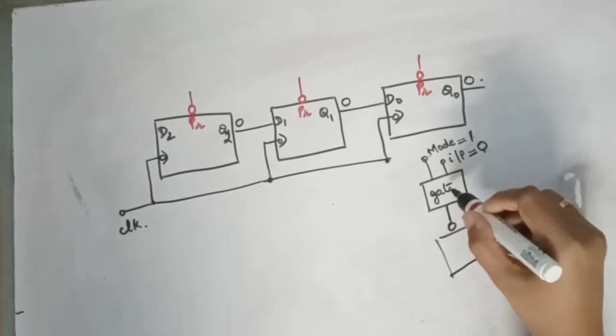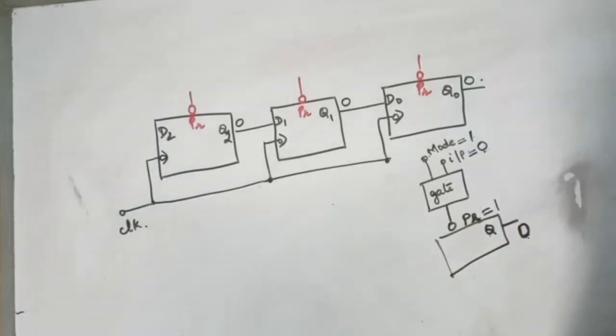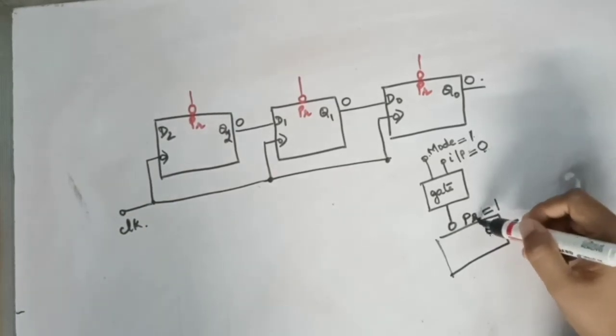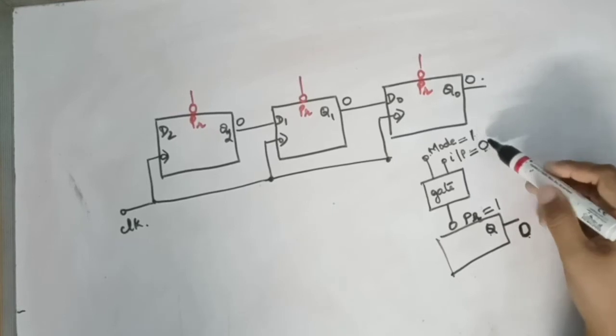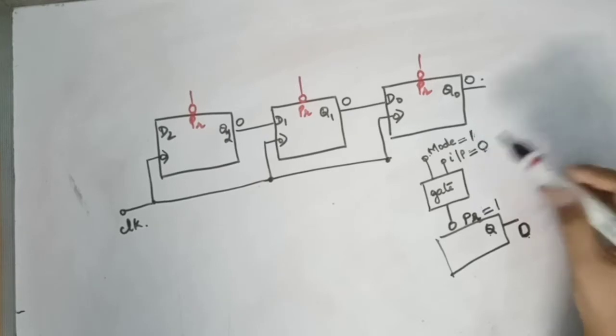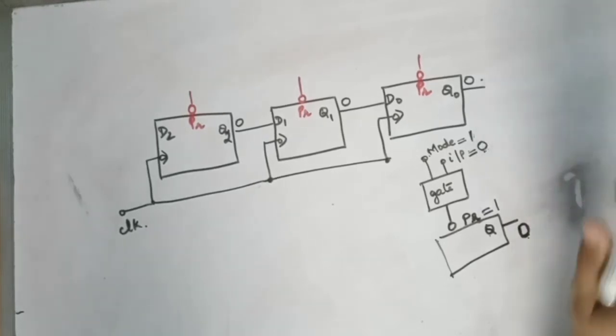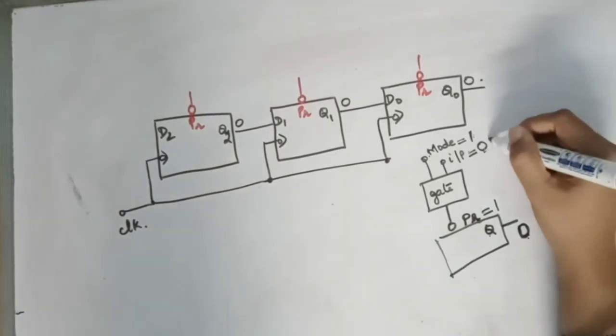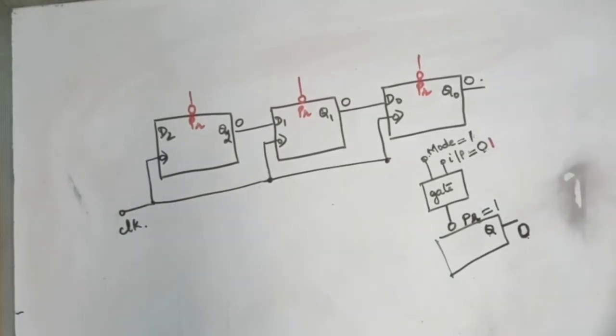So I want to know what is the gate which you can use here whose output is 1 when its input is 1 0. And mode is always 1 if you are considering only parallel inputs. Another case is if you are keeping the input equal to 1.